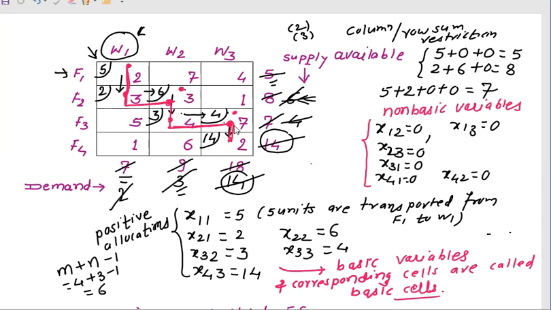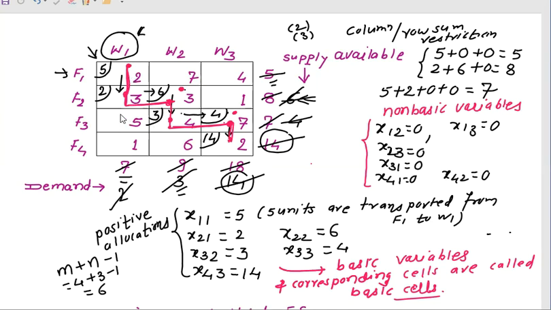What we find is that if we try to join these 6 positive allocations using horizontal and vertical lines only, a loop or circuit does not form. So these 6 positive allocations are at independent positions.